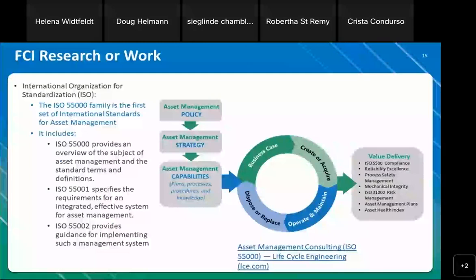All right, FCI continued with the research of the work, and you see there's a lot going on in there, and I'm going to pause for a second as well for those individuals that are not familiar with ISO. If you have not heard that particular term, it is the International Organization for Standardization. There is the 55,000 series in the family of ISO standards. So what is it? It's a building standard. There are many ISO concepts that have been standardized, so kind of a European standardization model that is adopted in the United States.